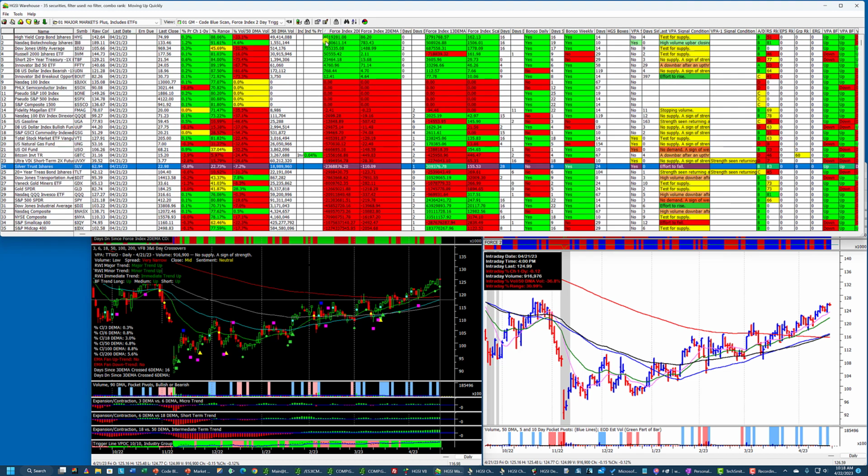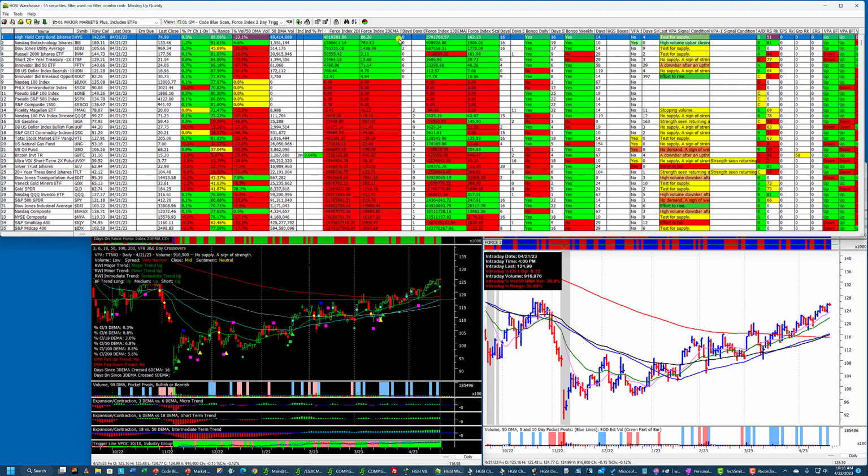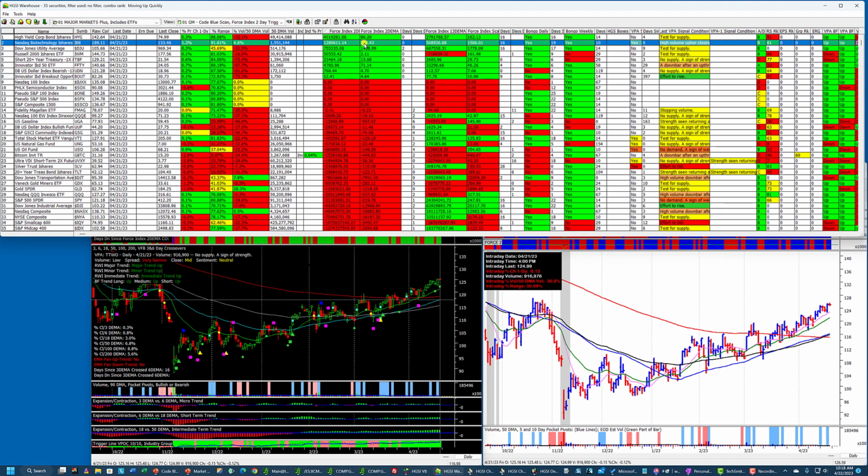But you can look for the force indexes here using my major markets plus folder or any market index folder that you like, and I can see which indexes are positive and how long they've been positive. So high yield bond shares, here's the IBB, biotech, both of these are positive, the force 2 and 13. The 2 crossed positive yesterday, the 13 has been positive for 17 days.